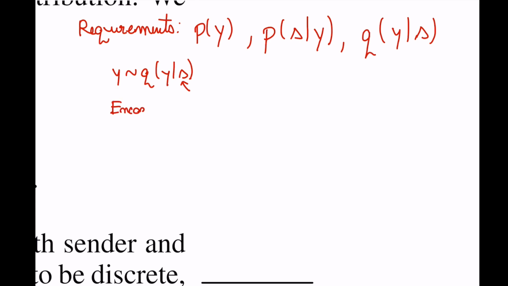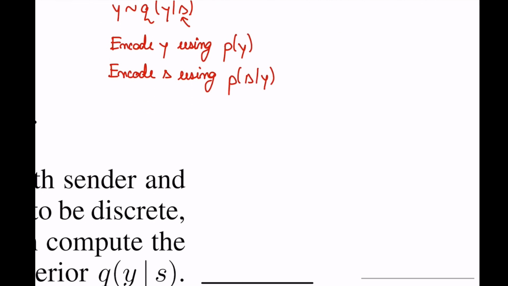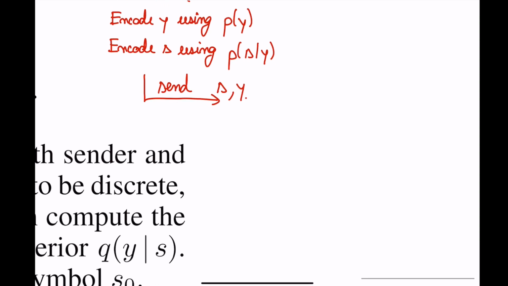Then we could encode this sample using P of Y. Then we can go and encode S using P of S given Y. And now we can send S and Y. Now we need to pay a bit of attention to the order.